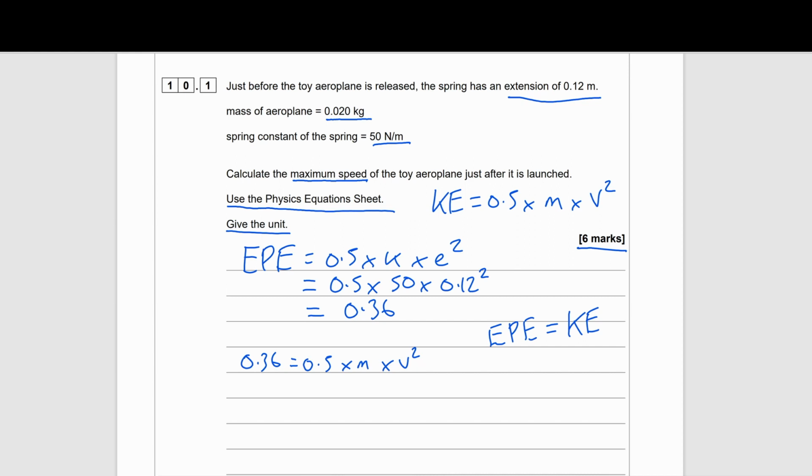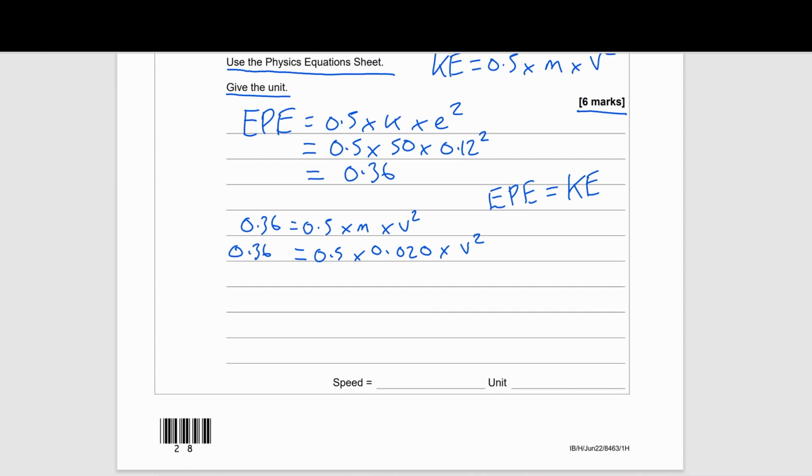So we can add some more. 0.5 multiplied by 0.020 multiplied by speed squared is equal to 0.36. So what we can do then is simplify further so we can get a clearer picture of what our final answer is.